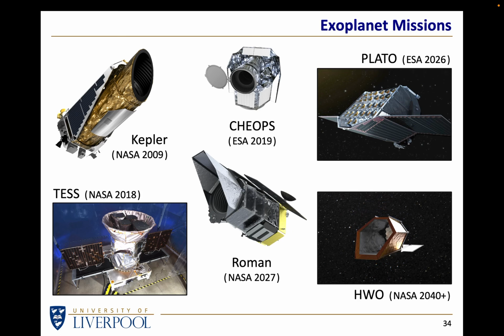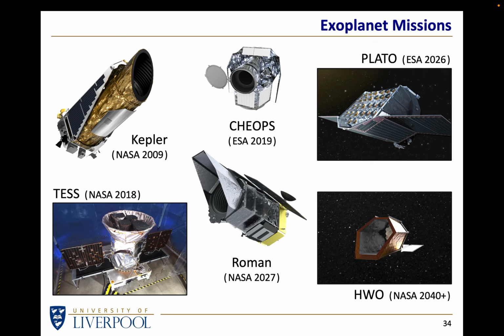And these are the various telescopes, some on Earth, but mainly in space, that have been looking for exoplanets in the past. Kepler has done a wonderful job and found thousands of exoplanets via the transit method, but you can see that in the near future we'll be having more coming online. The European Space Agency is going to be launching one in another year or so called Plato.